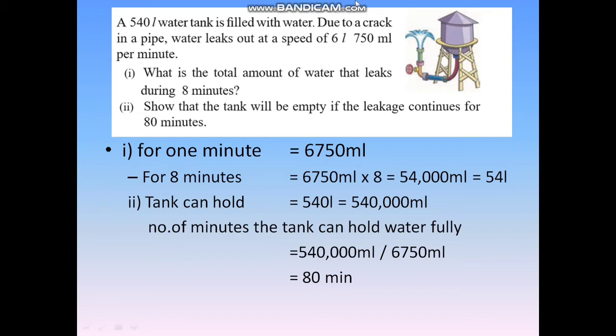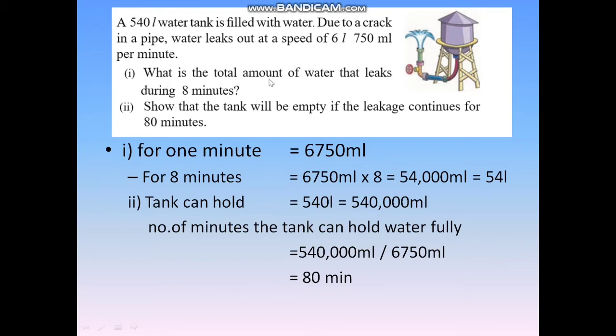Let's go to another example. A 540 liters water tank is filled with water. Due to a crack in a pipe, water leaks out at a speed of 6 liters 750 milliliters per minute. Now what do we have to do?